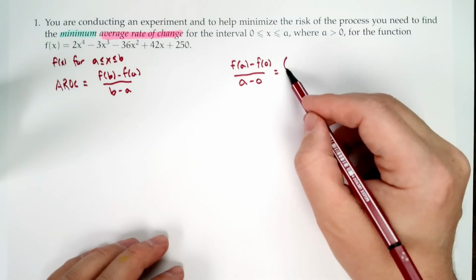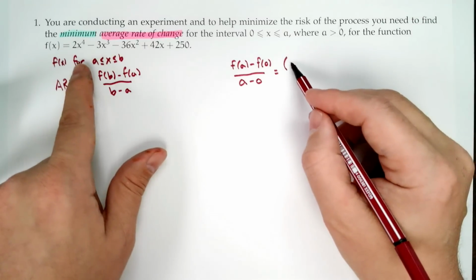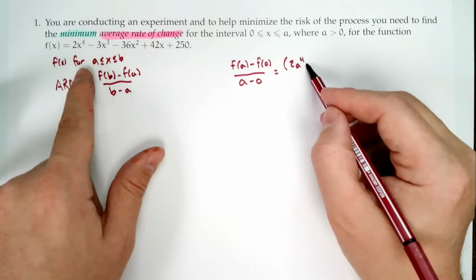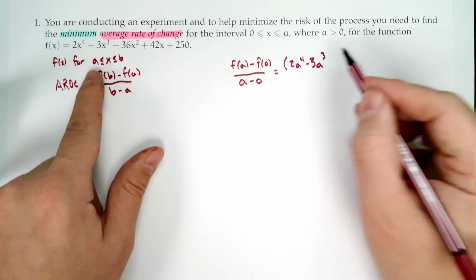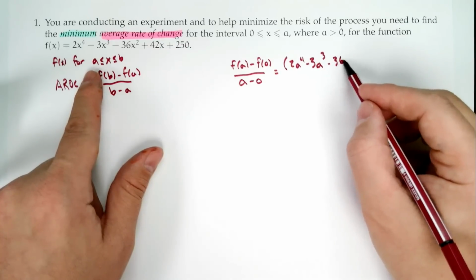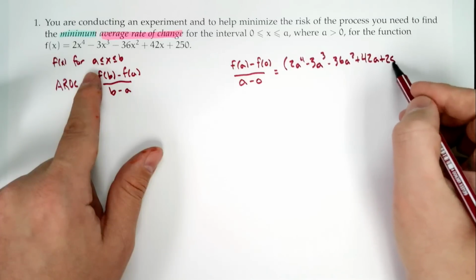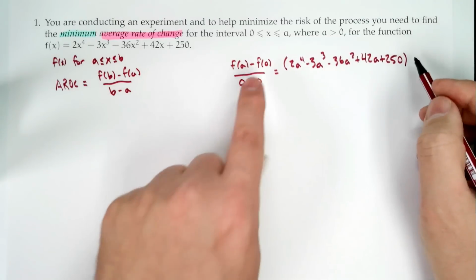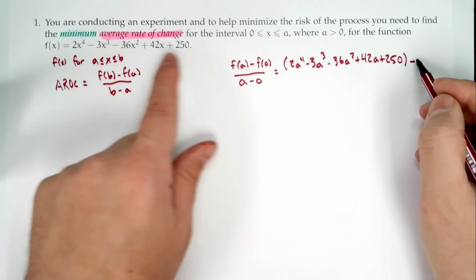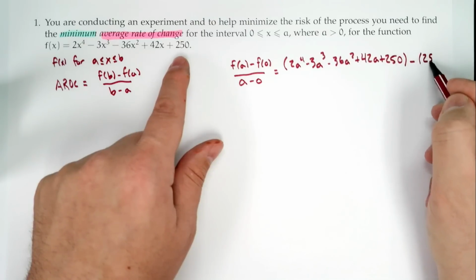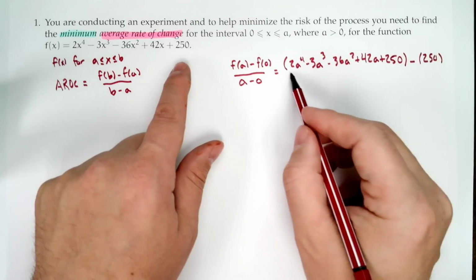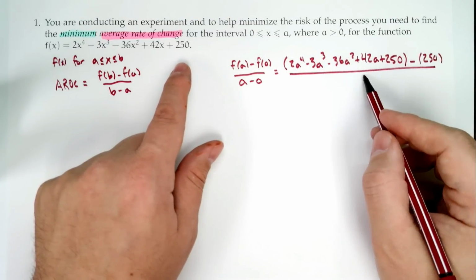So what's that? Well, plug f(a) in. That's 2a^4 - 3a^3 - 36a^2 + 42a + 250. That's f(a). Subtract f(0). Plug in 0. Well, that's just the 250. Everything else goes away. All that over a.